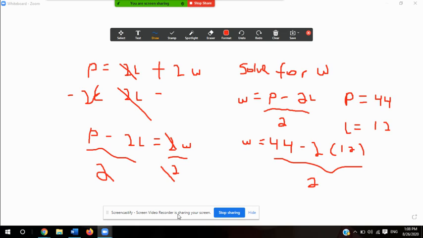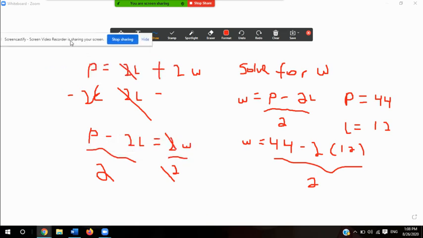Let's see if I can move this bar a little bit over. So W equals 44, and 2 times 12 is 24, so that'd be 44 minus 24.